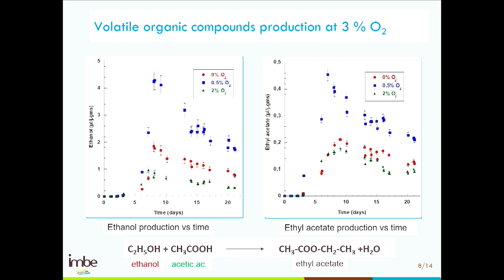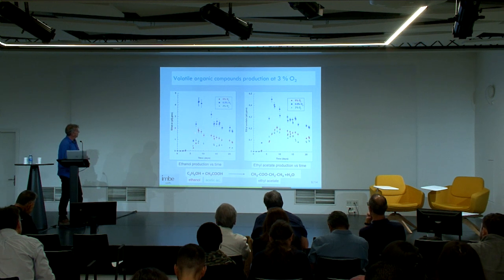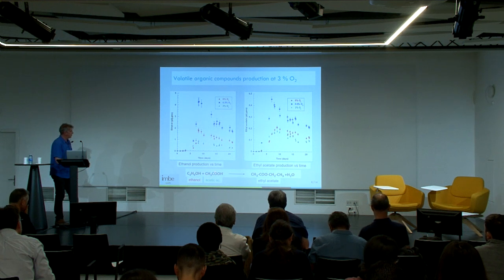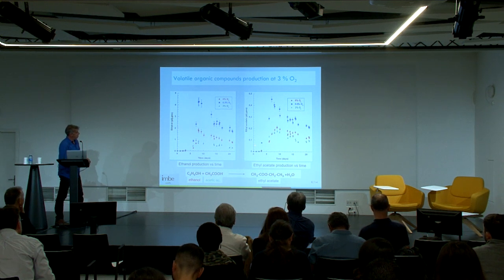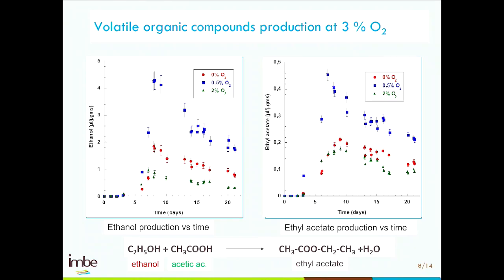Here we have the two volatile compounds we found, ethanol and ethyl acetate, with FID detector. The more important concentration is ethanol, and ethyl acetate comes from the esterification of acetic acid, with ten times less concentration in the gas.